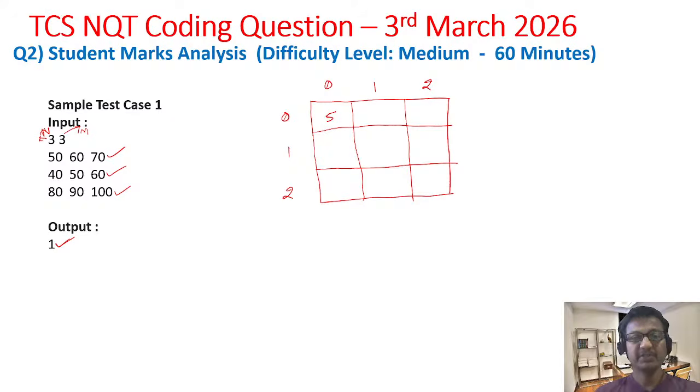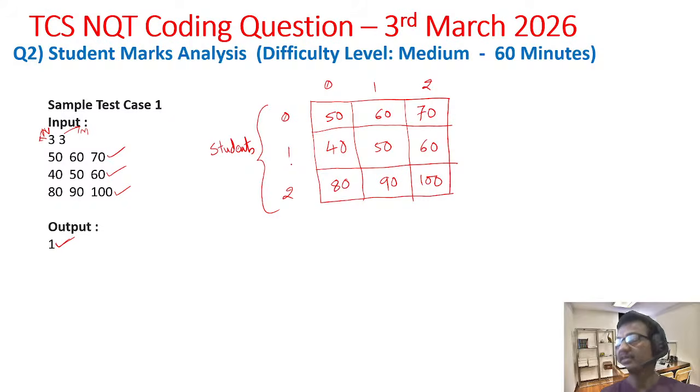The first student's marks are 50, 60 and 70, the second student's marks are 40, 50, 60, and the third student's marks are 80, 90 and 100. These rows represent students, and as given in the problem statement, the columns represent subjects.